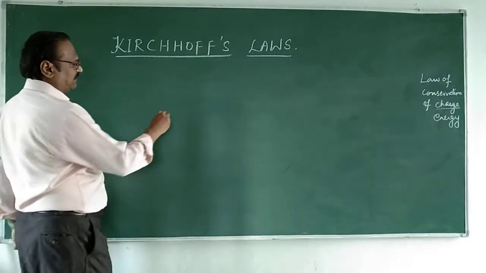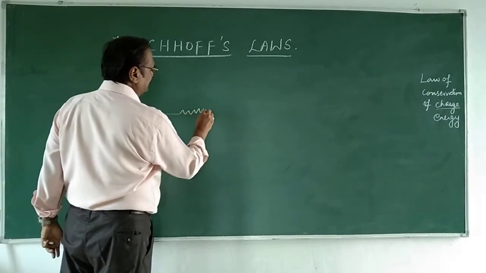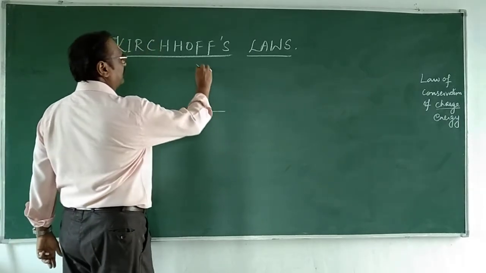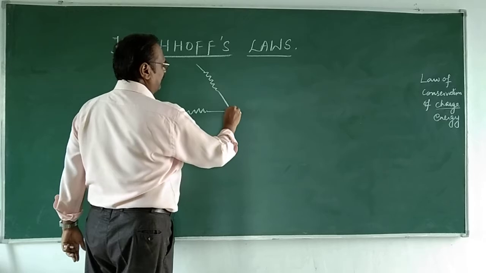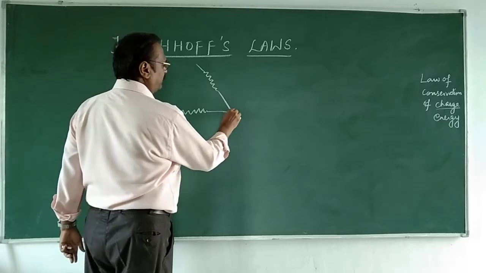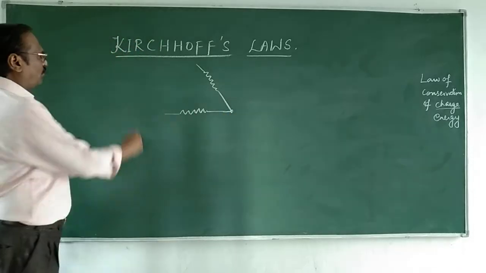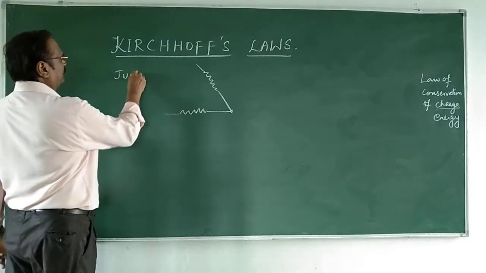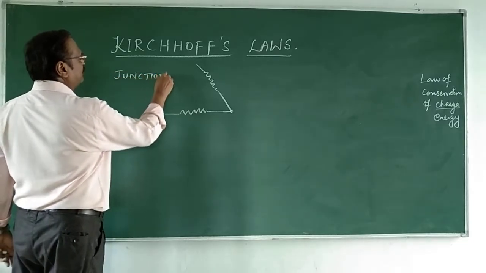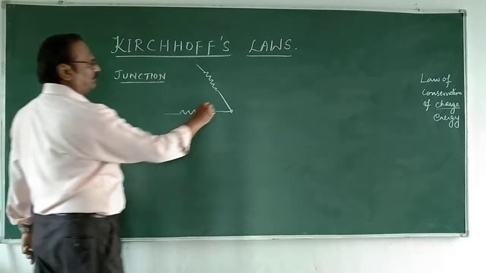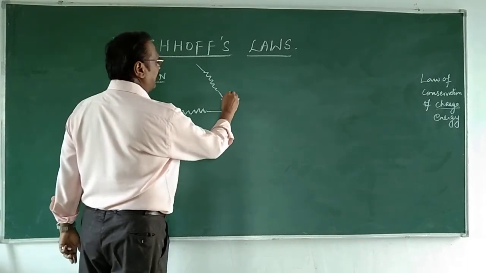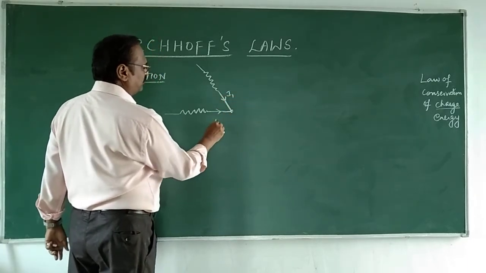Suppose let us say I have a resistance, and I have another resistance, and these two come and meet at a point, and that point is called a junction. Now, current is coming through this, let us say I1, current is coming through this, I2.